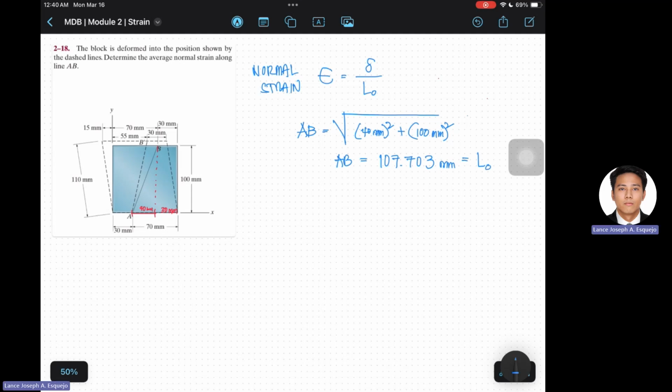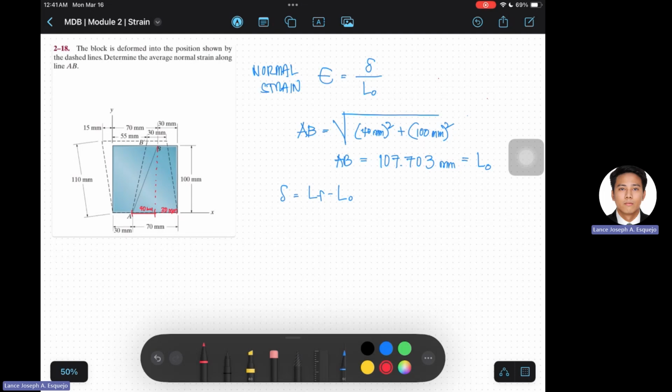For us to determine the delta, the change, we need to determine the final length and then subtract it by the initial length. So going back sa figure, we have the AB prime as the final length of line AB. And as shown, B prime has moved, and yung movement na yun should be measured.